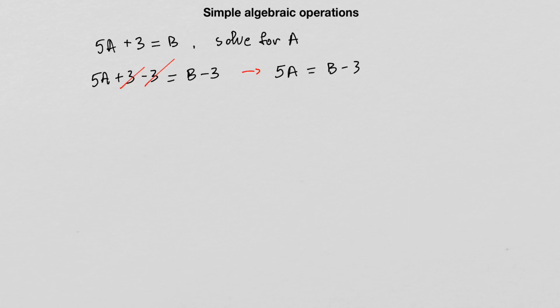So what I get is 5a divided by 5 is equal to (b minus 3), that whole thing divided by 5. So on the left-hand side, we have 5 in the numerator and the denominator, so those will cancel out. And finally, my expression for a, my formula for a, is that a is equal to (b minus 3) divided by 5.